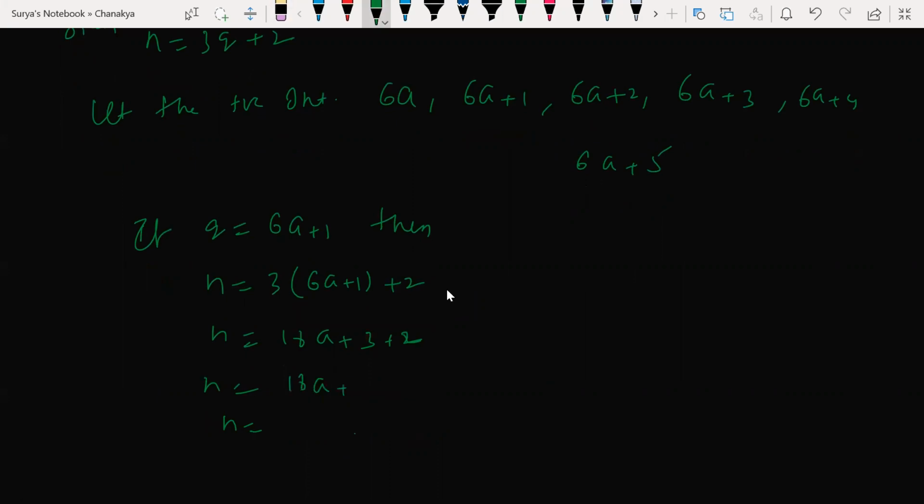I'm getting 18a plus 5, fine. And this can be written as, or else you write like this, 18 can be written as 3 into 6a plus 1 plus 2. So this can be written as 3 times k plus 2, correct?